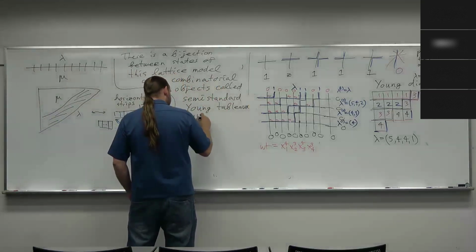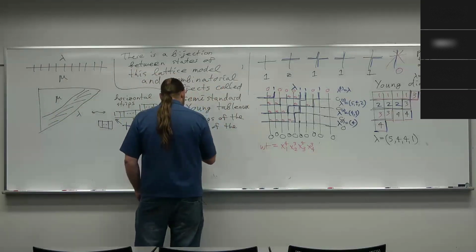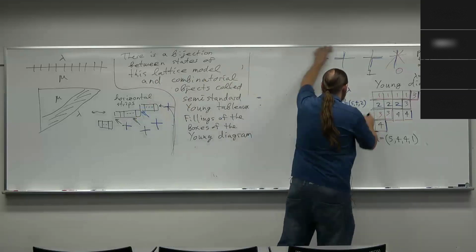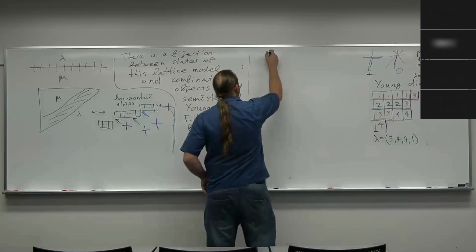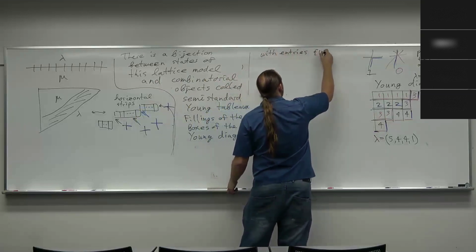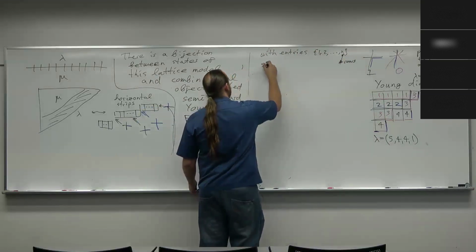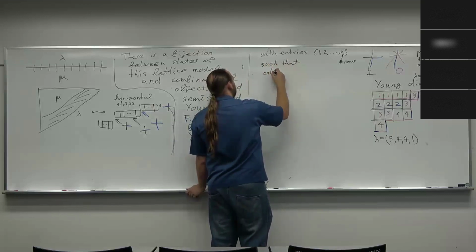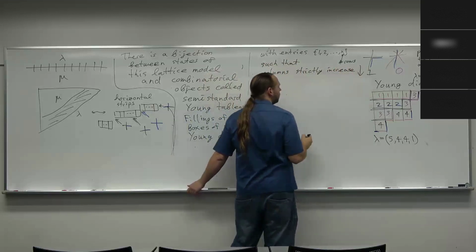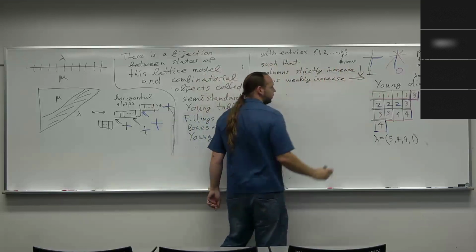They're fillings of the boxes of the Young diagram, and this picture has to go away, and I'm sorry, but I will at least keep this picture up, with entries 1 up to n, where this is the number of rows, such that columns strictly increase from top to bottom, and rows weakly increase from left to right.